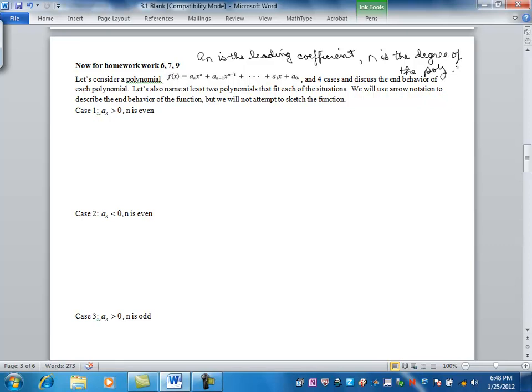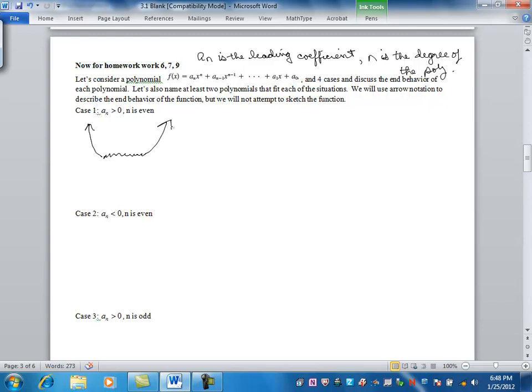Alright, so when this happens, what we know is this polynomial on the left, that left hand, if you will, is going to be pointed up. We don't know what's going on in the middle, so I'm going to put some little squigglies here in the middle. And we know then also that the right hand is going to be pointing up.